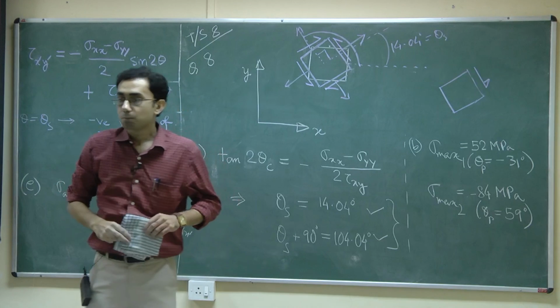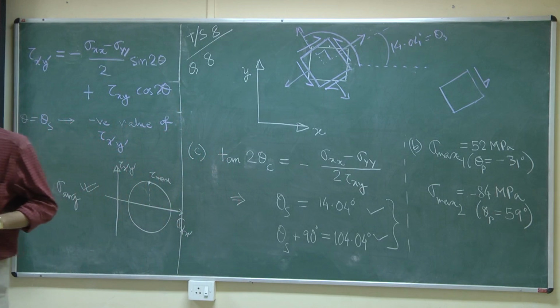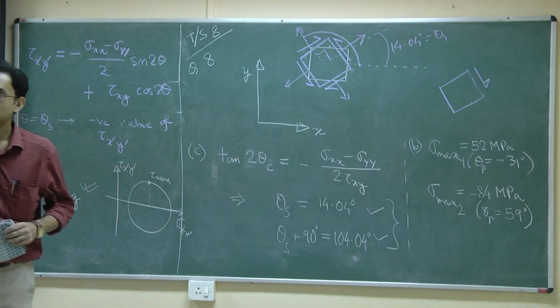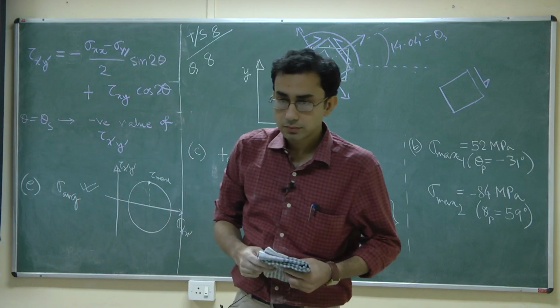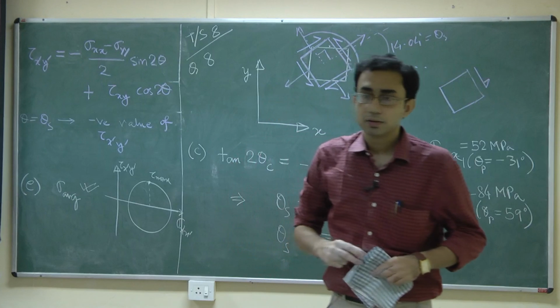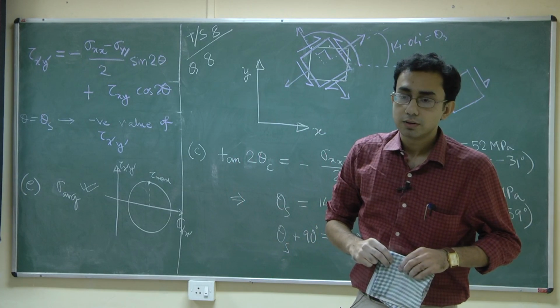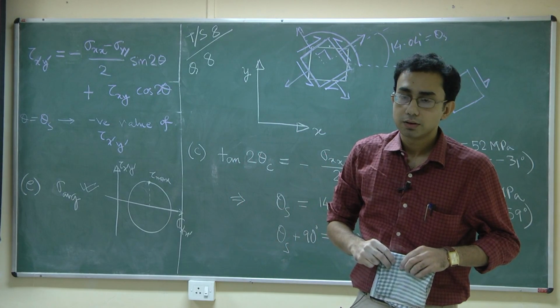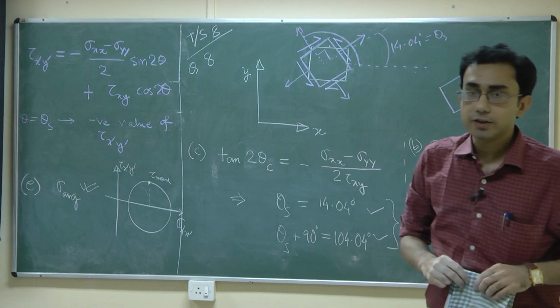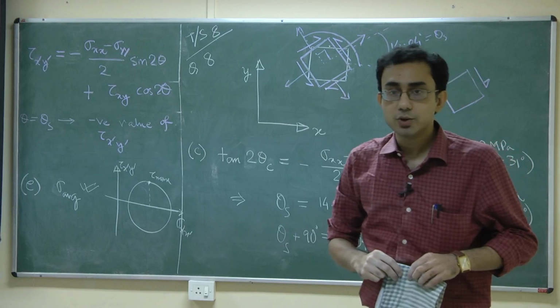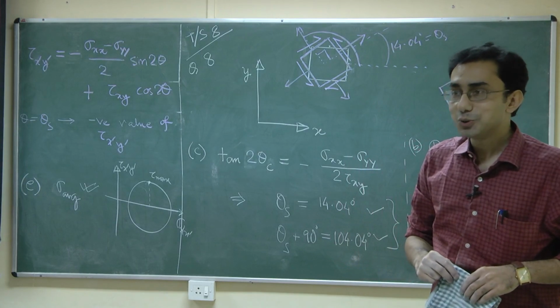Question from someone. It says, how can you tell that 52 MPa corresponds to minus 31 degrees and the other answer, minus 84 MPa, is for 59 degrees? Okay, so basically when I found out these answers, I actually used my calculator. So you also have to do this.